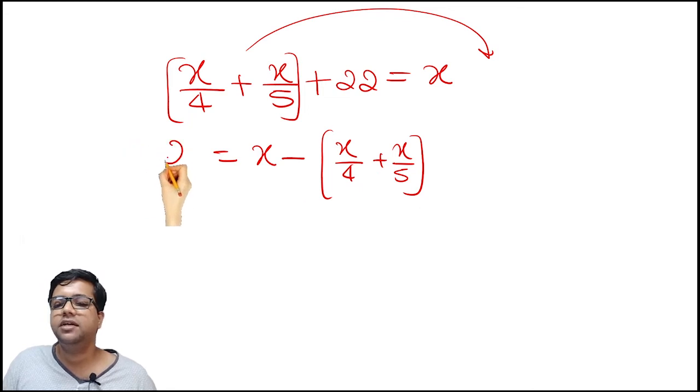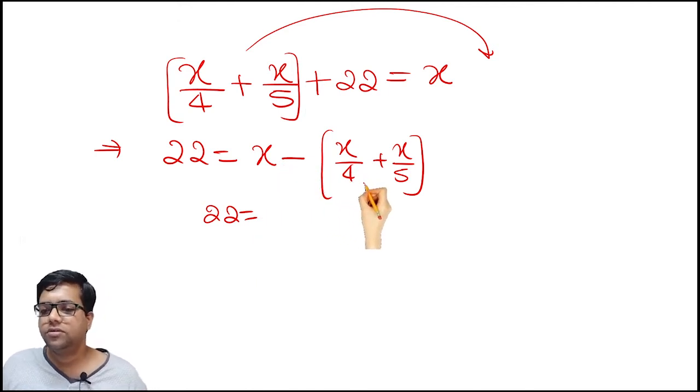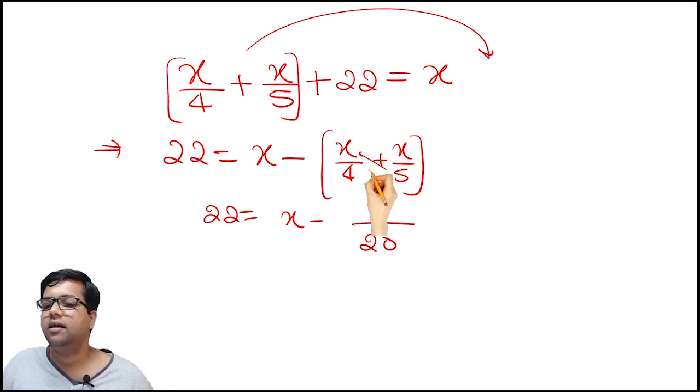On the left hand side you are left with 22. So 22 is equal to... what is the LCM you will get over here? X minus 4 5s are 20. On the upper side you will multiply with 5, and on the other you will multiply it with 4. 5x plus 4x becomes 9x.